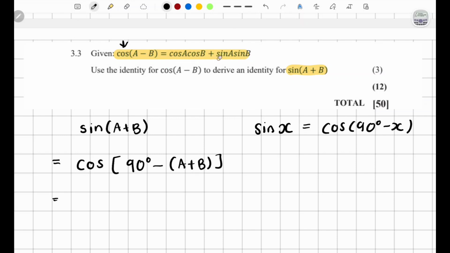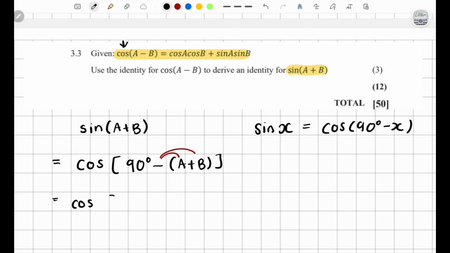In this identity, do you see that in cos a, cos b, the angles are separate and alone? We need that to happen here. So we distribute into the brackets so that we can get a hold of each of the a and the b first.